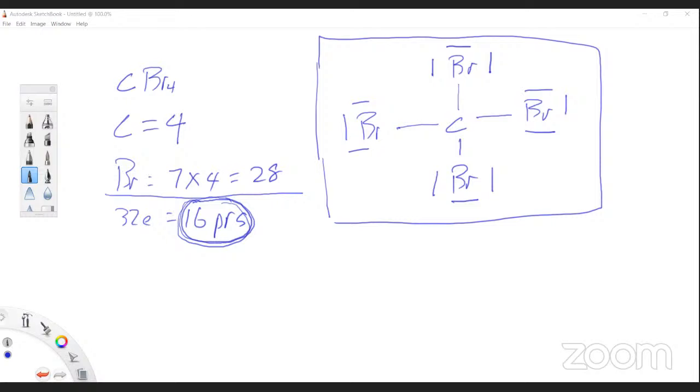Oh, but I need to define what formal charge is first. So here's the definition of formal charge. It is a difference between the number of valence electrons in a free atom and the number of electrons assigned to that atom when bonded to other atoms in a Lewis structure. Now, there's a formula that you can use to calculate the formal charge of any atom in any Lewis structure.